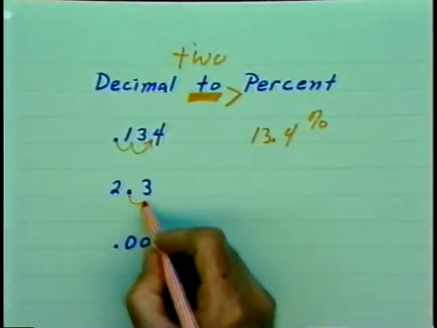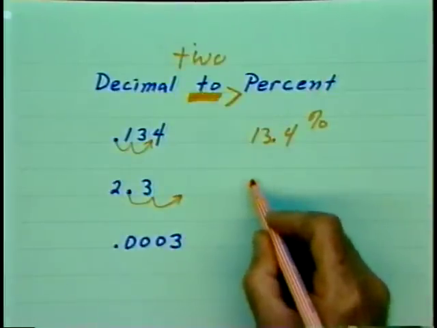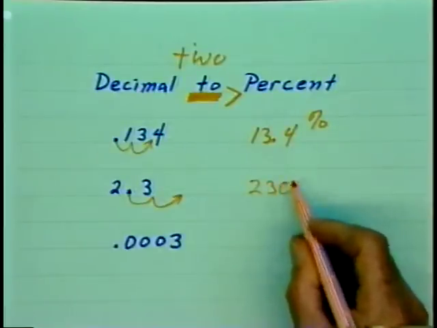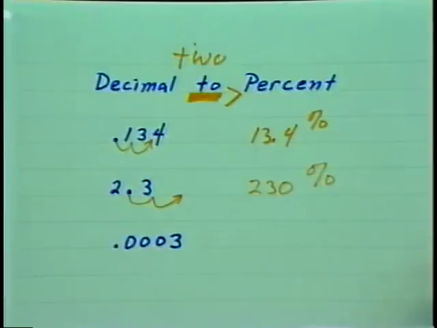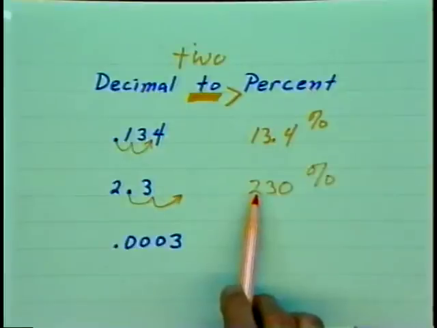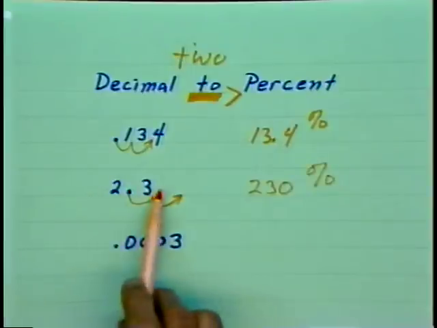If in so doing you create extra places, you fill those places with placeholder zeros and stick that percent on. Again, checking our ballpark thinking: 200% means 2, 230% means more than 2, and this is indeed more than 2.